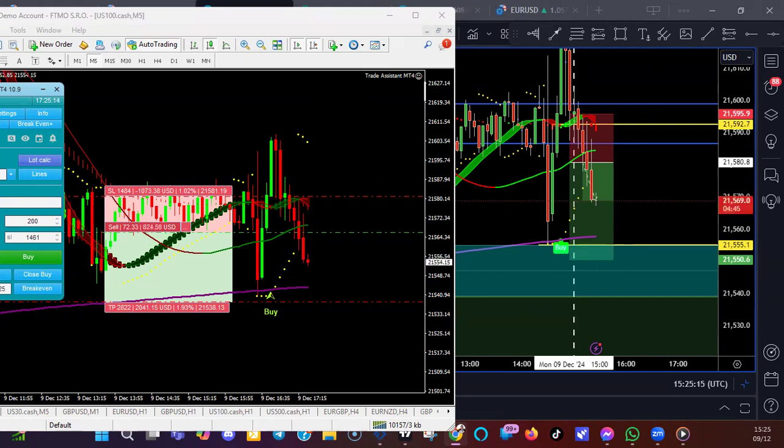Well, I'll be looking really to put my stop loss to my entry sometime soon, because we know they either bounce or break on the purple line. Sometimes they don't get to the purple line.